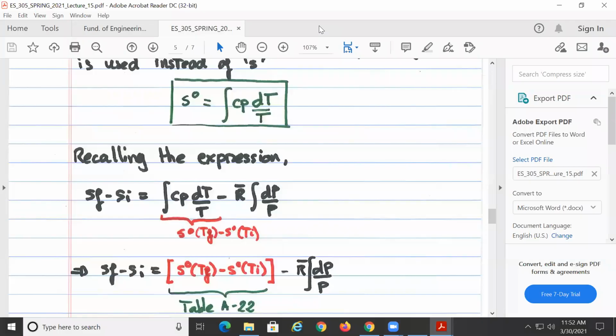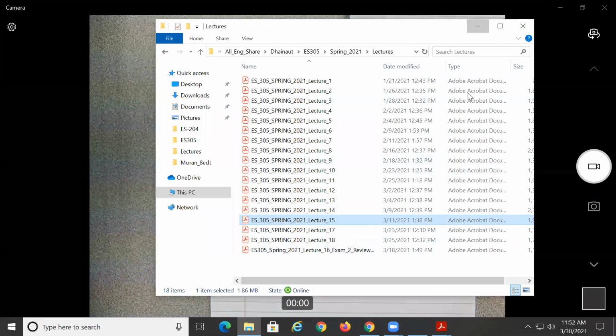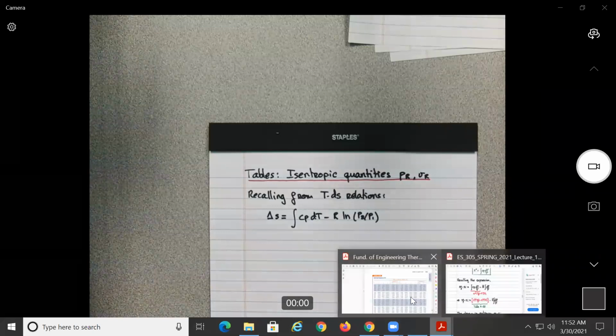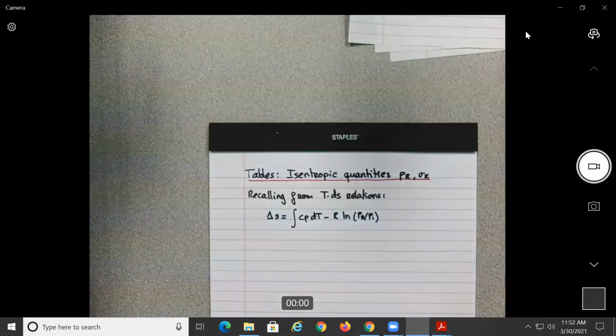So from the class notes on page 84, we already saw that this S upper naught basically represents this term over here. And that will be from table 822, the one we're looking at now. I guess this is table 822E. So this is the S upper naught over here. So we know what is the meaning.